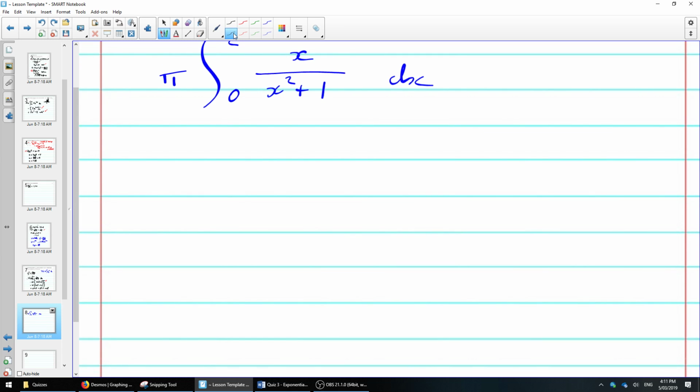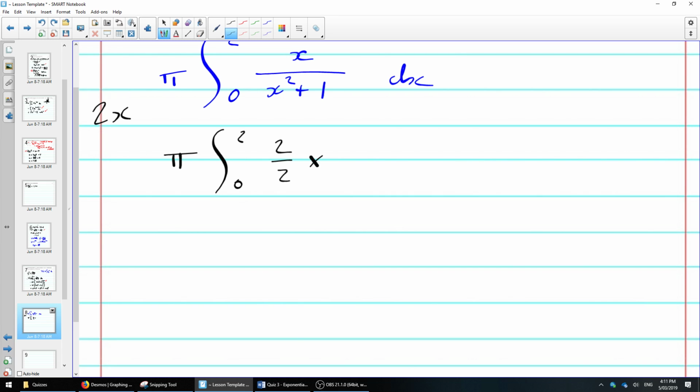So what we would do is multiply it by a special form of 1. What's the derivative of the bottom? So I want to make the top 2x. Remember I talked about the goal being 2x. So what number can I multiply the top by to get 2x? 2. So I've got pi still sitting at the front, I'm going to multiply by 2 over 2, so I don't change anything.